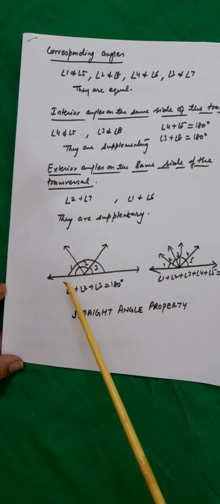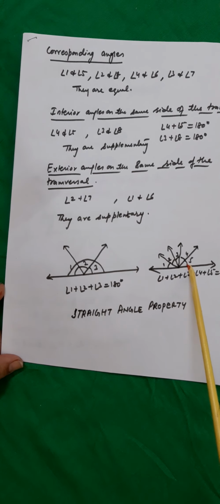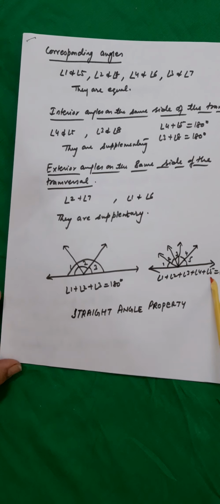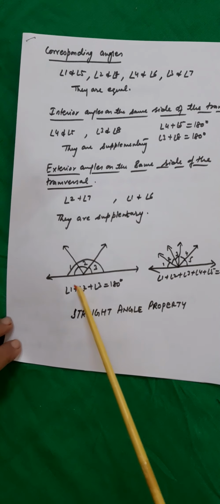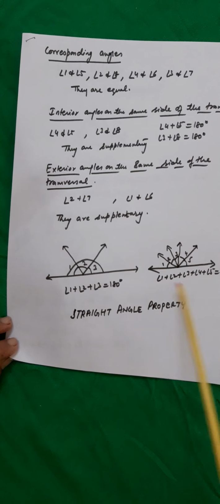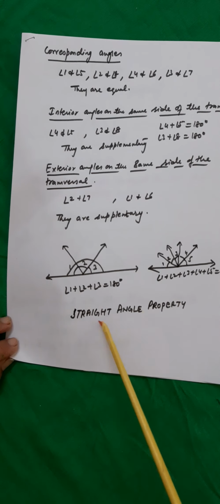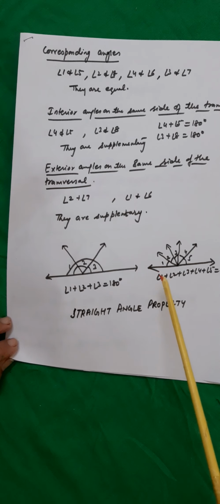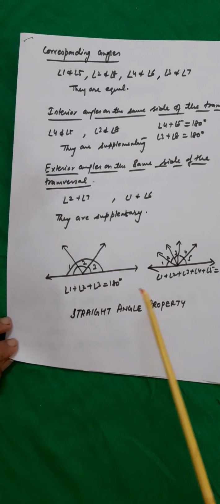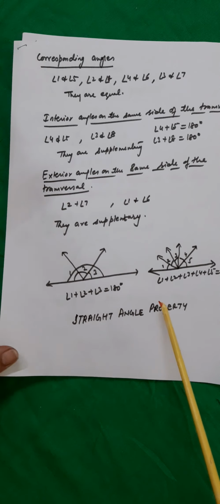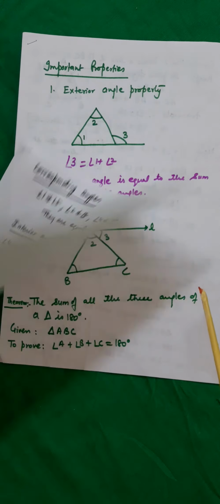There might be 2 angles, there might be 3 angles, here I have taken 5 angles. So the sum of all the 5 angles here is going to be 180. So this property we never call linear pair, we call it straight angle property. That is, the sum of the angles lying on one vertex of a straight line form a 180-degree angle.